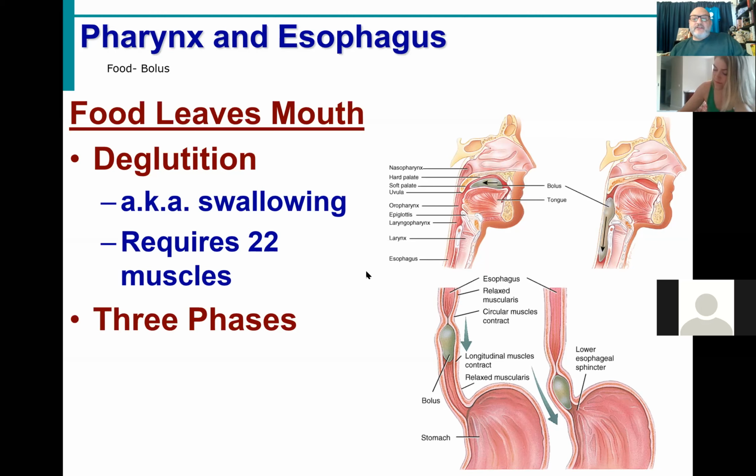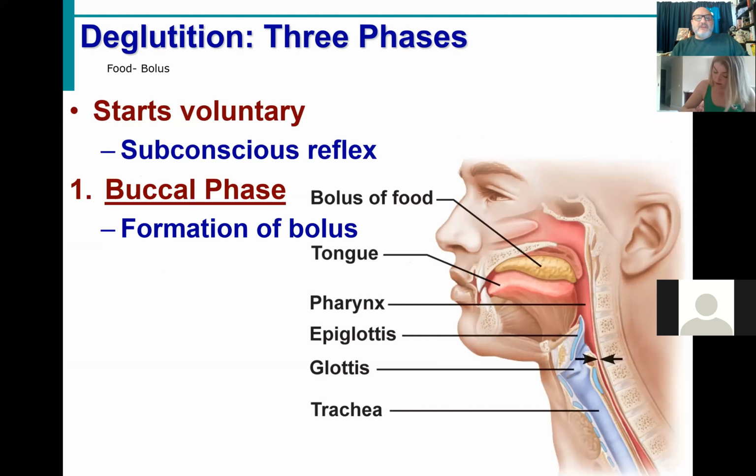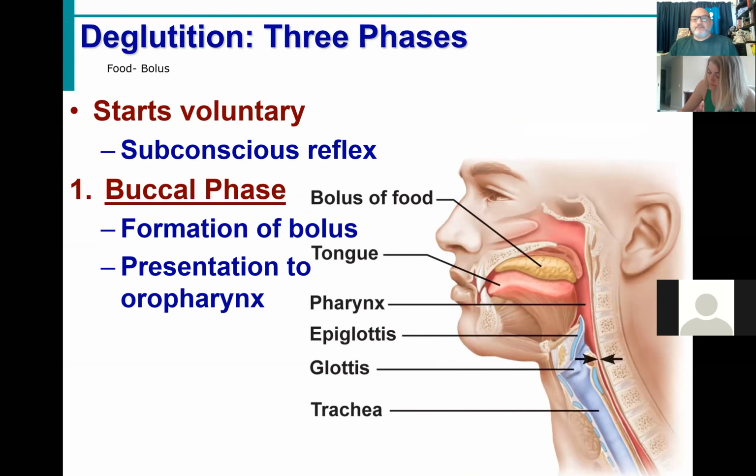This reflex includes 3 main phases, and not surprisingly, these phases are named after and associated with where the bolus is located during the process. So it starts first, as we mentioned, with the buccal phase. The buccal phase is, of course, when we're forming that bolus, masticating the food, mixing it with the saliva, moving it around with our tongue.